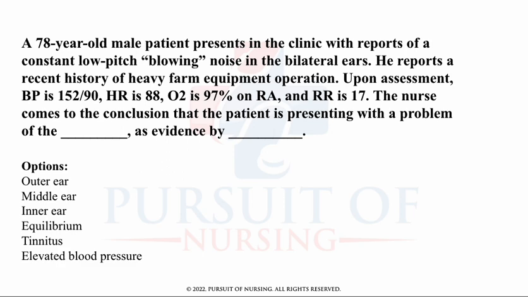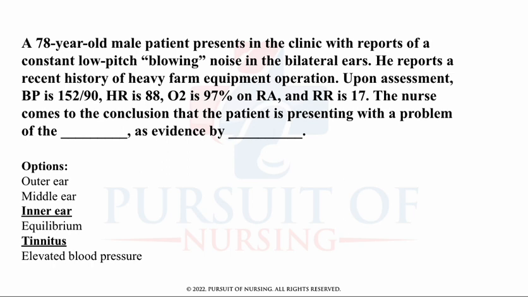The nurse comes to the conclusion that the patient is presenting with a problem of the blank, as evidenced by blank. So there are some distractors here in the vital signs, but you have an elderly male patient who has a blowing noise in the bilateral ears. So what is that a problem with, and it's evidenced by what?